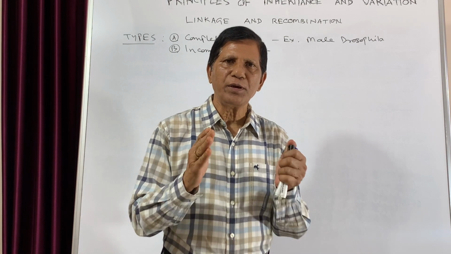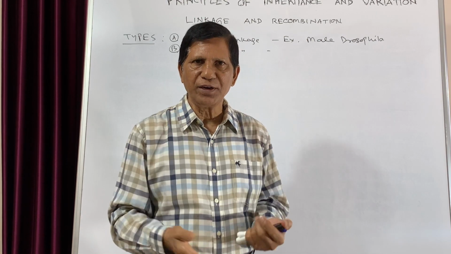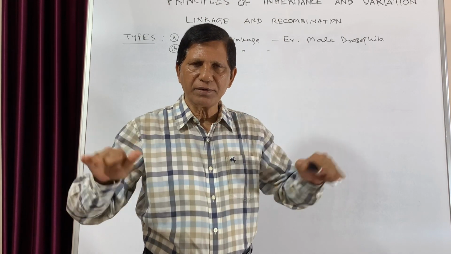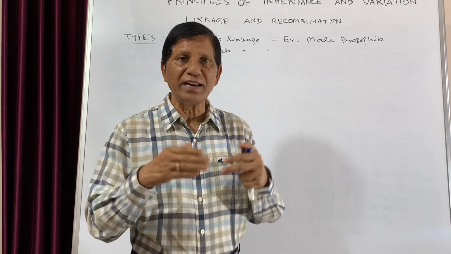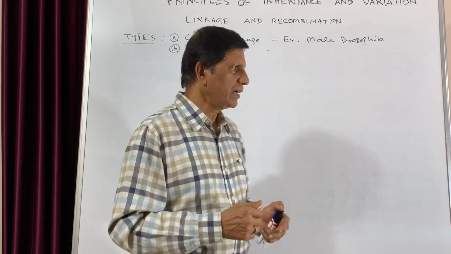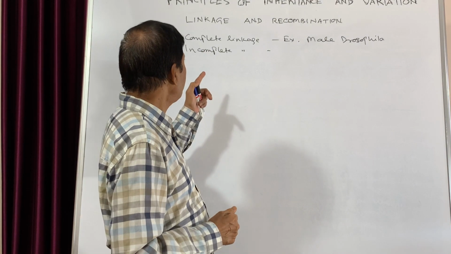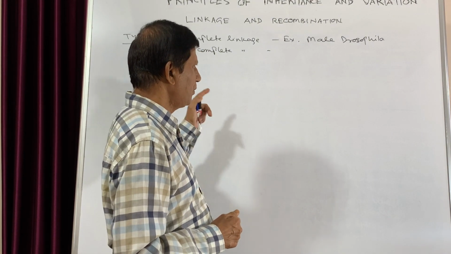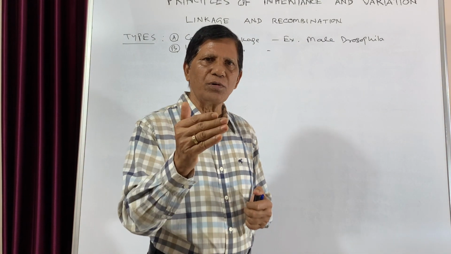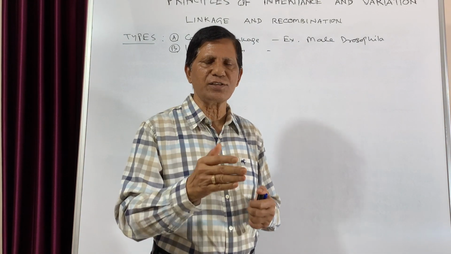Usually, when we make a dihybrid cross, the different parental types and recombinants are obtained at 25% each. But in case of incomplete linkage, we usually find that the parental types are more while the recombinants are less.